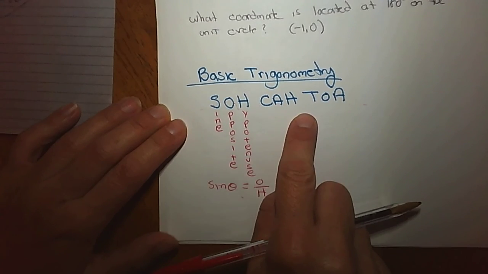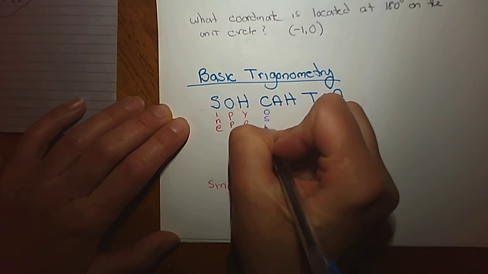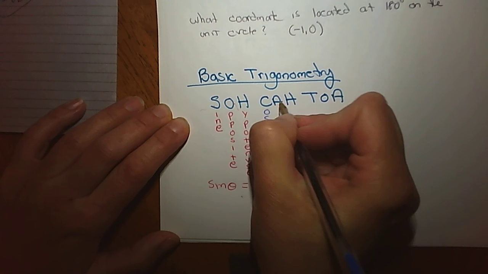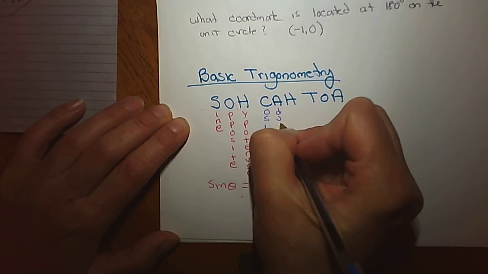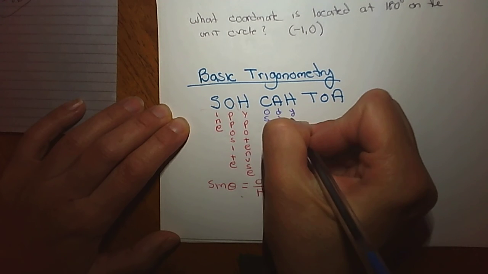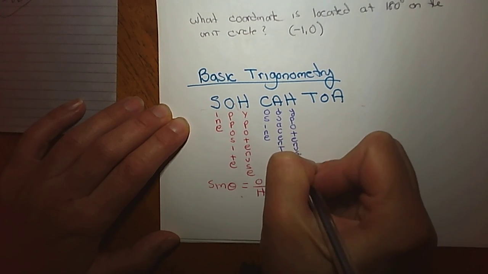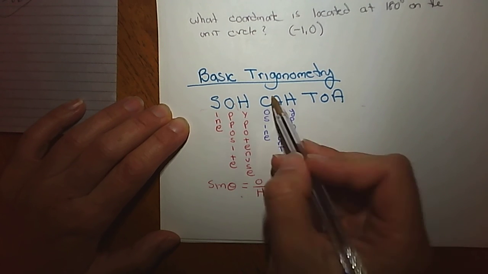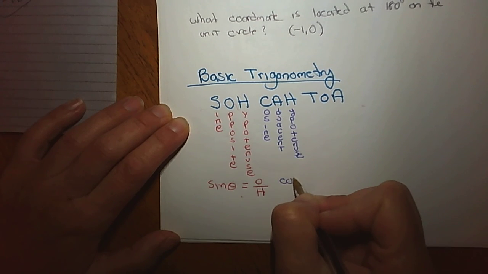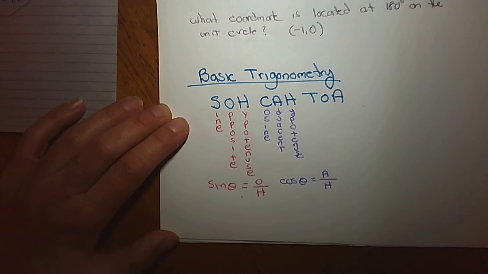Now, CAH. CAH is going to stand for cosine. A stands for adjacent. And H is hypotenuse. So when we go to do cosine, we're going to say cos theta equals adjacent over hypotenuse.